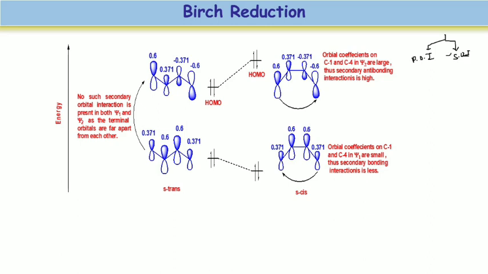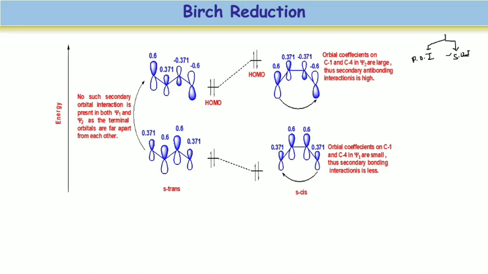Primary orbital interaction generally leads to the formation of a new bond, but secondary orbital interaction will not lead to the formation of any bond. What they basically do is alter the energy level of any electronic state. Now coming back to the MO diagram, on the left hand side we have psi 1 and psi 2 of S-trans conformation, and on the right hand side we have psi 1 and psi 2 of S-cis conformation.